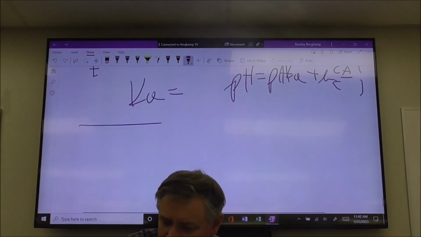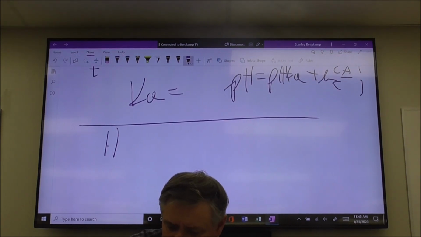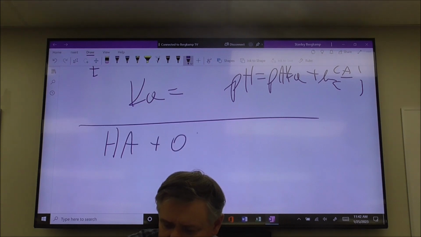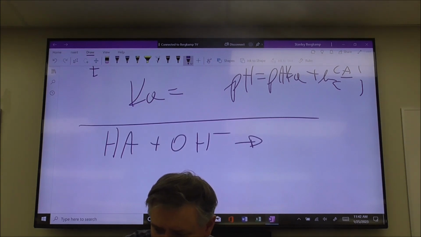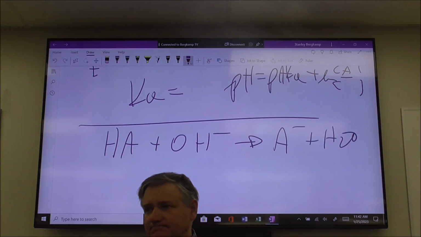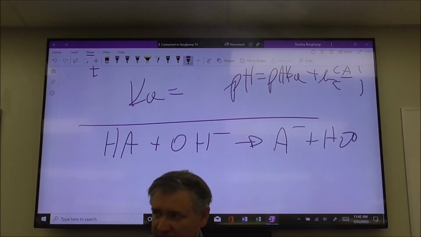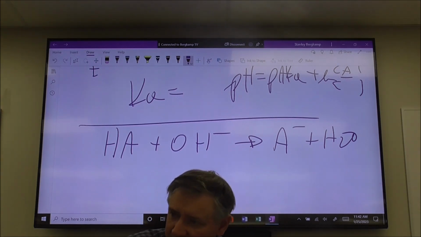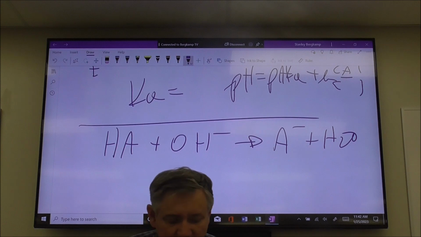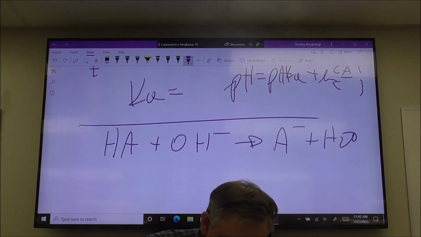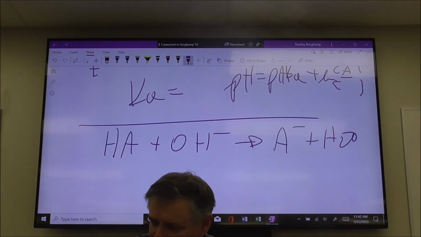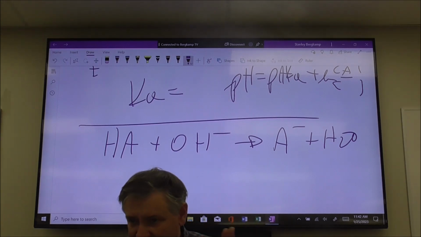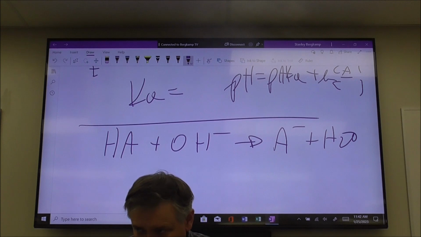So on B, your net ionic is the acid plus the hydroxide yielding anions plus water. So obviously you're adding a base, so your answer to 2C should be just a little bit bigger than your answer to 2A. Still in the 4.6 range.